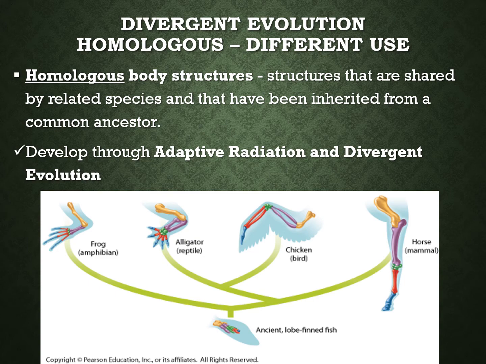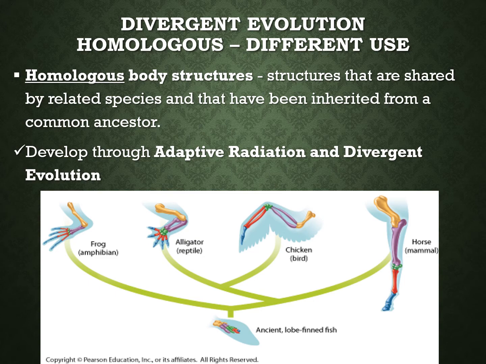So remember, homo means same. These structures are kind of the same structures, they have the same basis, but they have evolved to become different. They've diverged from each other and now have different functions or slightly different functions. So again, these develop through divergent evolution and adaptive radiation.